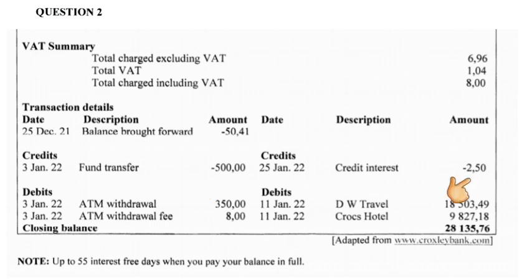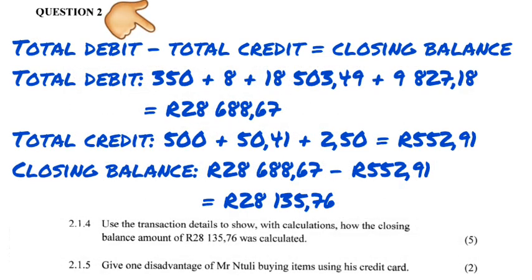Those become my credits. So you add my debits together and add my credits together and take my total debits and minus my total credits, as you are seeing there. Basically that is our formula for closing balance.